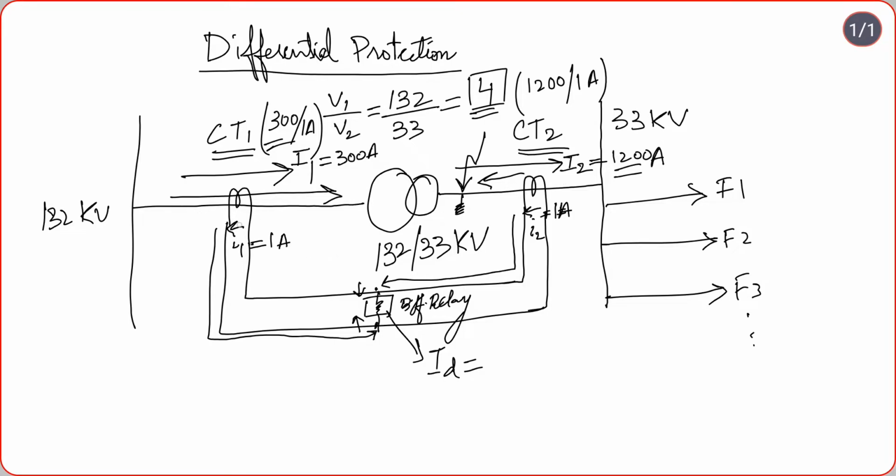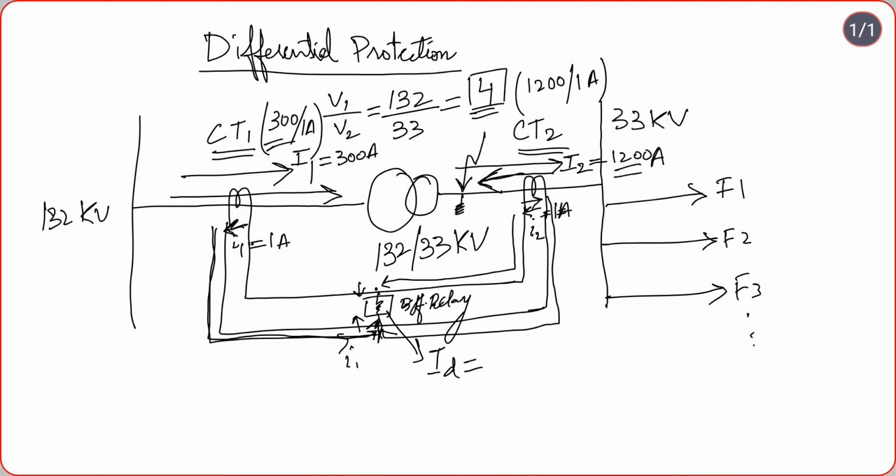Since the direction of current in the secondary is opposite, it will flow towards the relay in this direction. But this time for the 33 kV side, the direction of current in the secondary will change, because the fault current is in this direction. The current in the secondary will be in this direction, and it will flow like this towards this point of the differential relay.